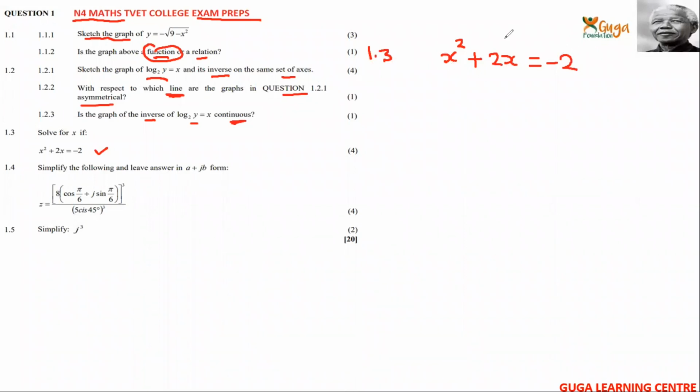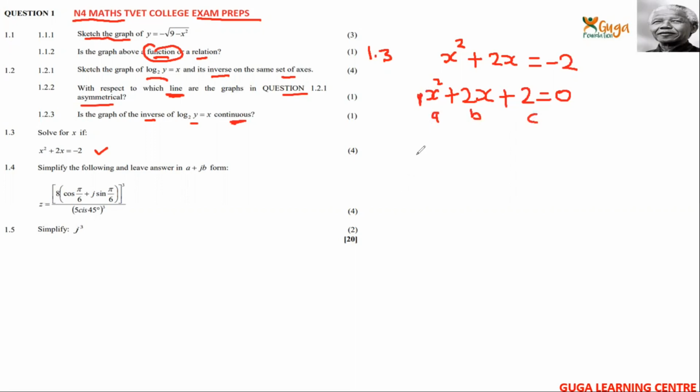So we can transfer this to the left here, and you have got x squared plus 2x plus 2, which equals 0, right? Because we're solving for x, we have to use the quadratic equation. So this is your a, and this is your b, and this is your c. Note that here you've got a coefficient of 1. You only take the coefficient.